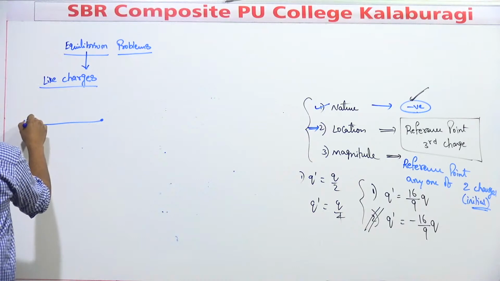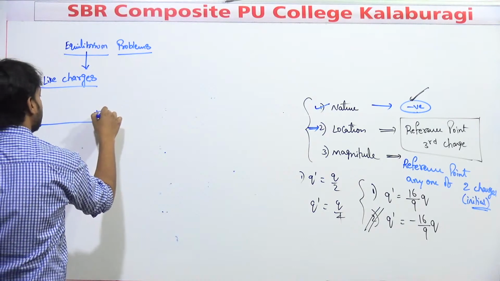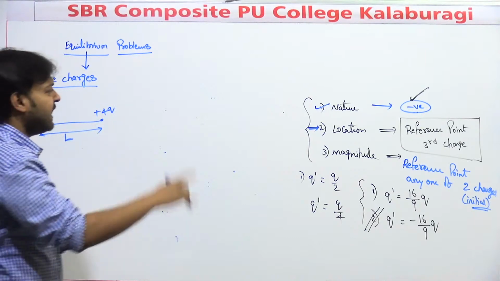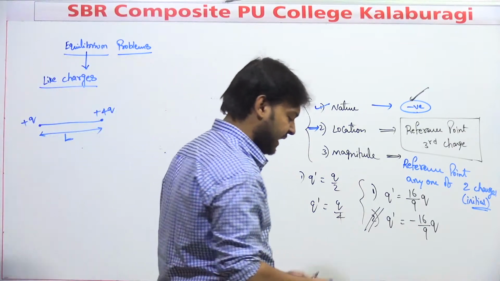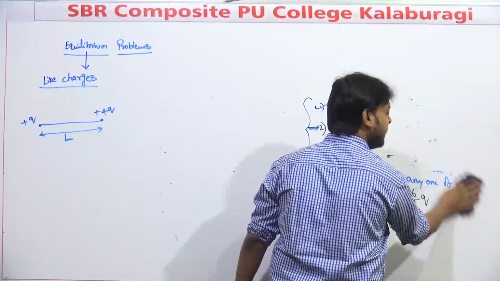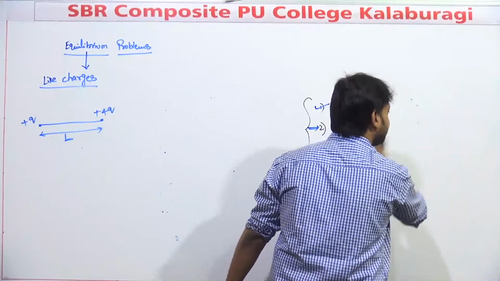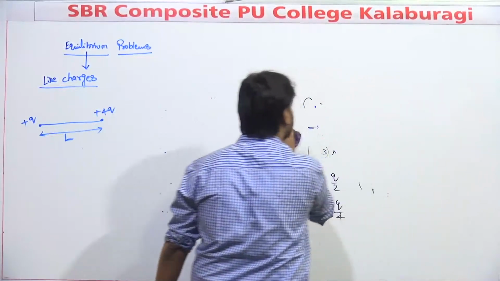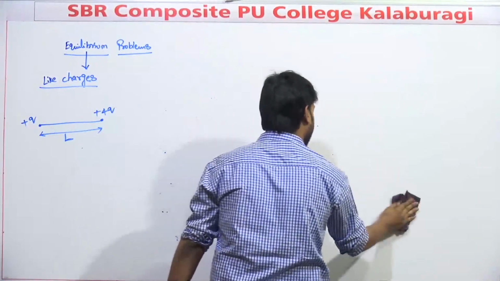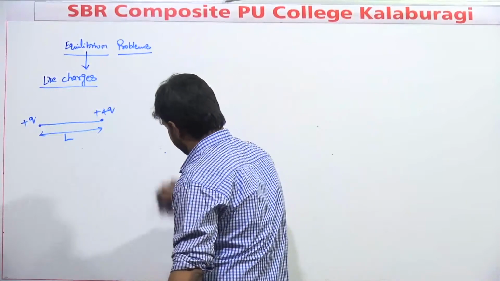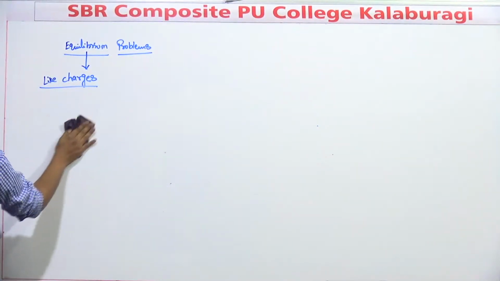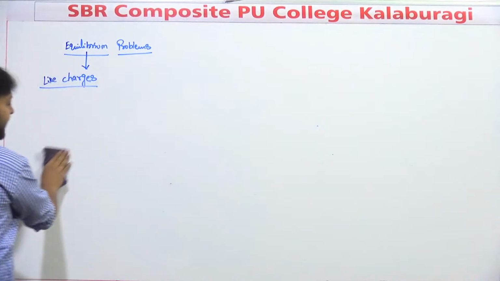So plus q and plus 4q separated by a distance L. Find the nature, location and magnitude of the third charge such that the system is in equilibrium. Okay? Done? Next case, unlike charges.